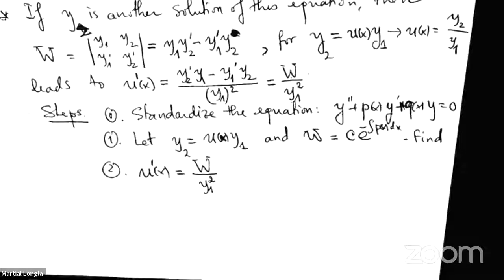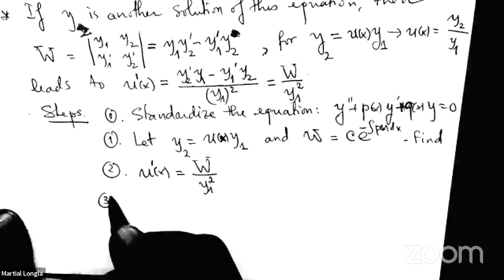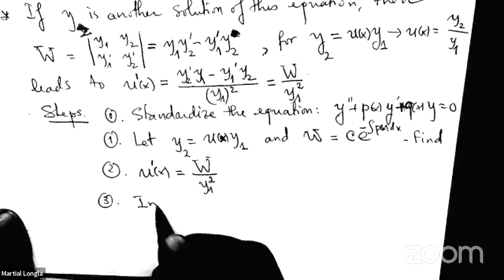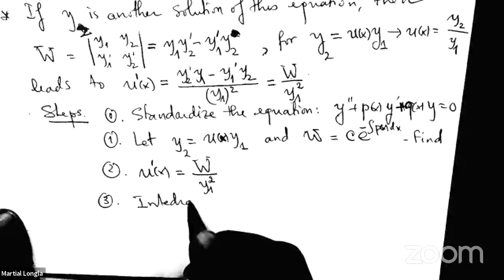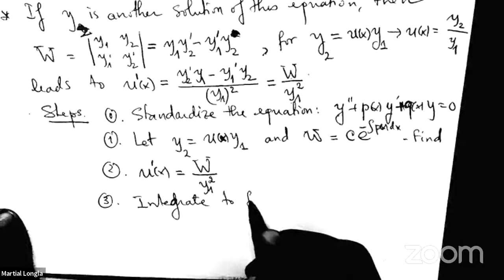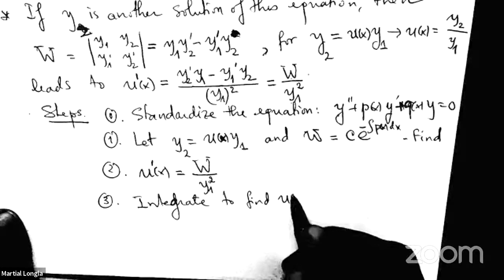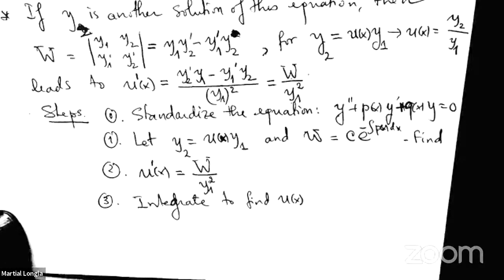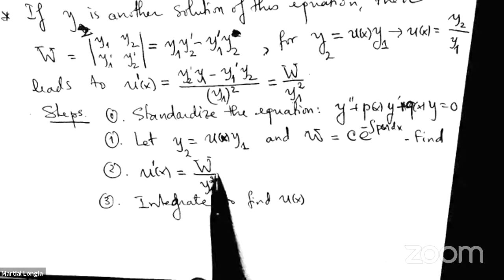And the next step, integrate to find u of x. So you integrate both sides of that equation, you get u of x.